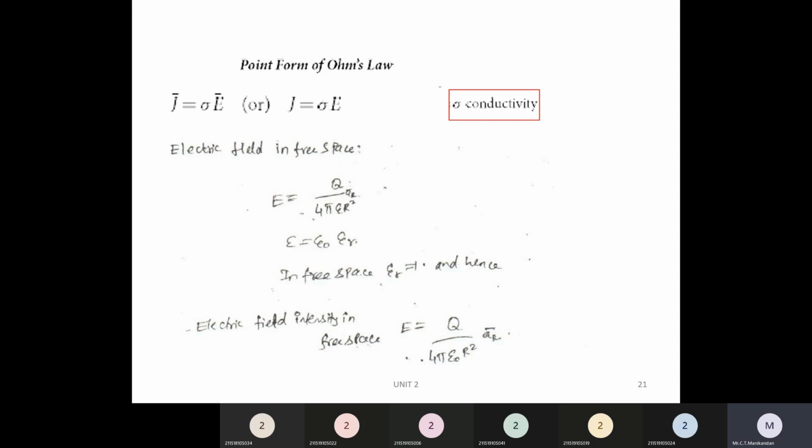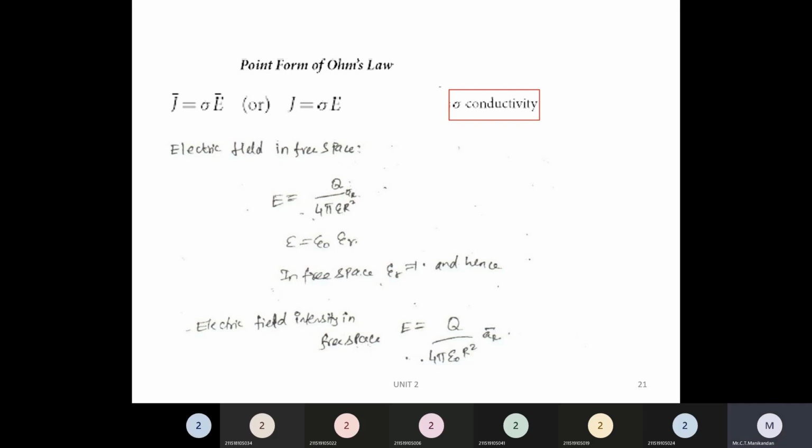The next one, electric field in free space. We have electric field in many materials: in free space, in conductors, in dielectrics. When you look at the electric field in free space, this is the standard formula: E equal to Q by 4 pi epsilon R square into aR vector.